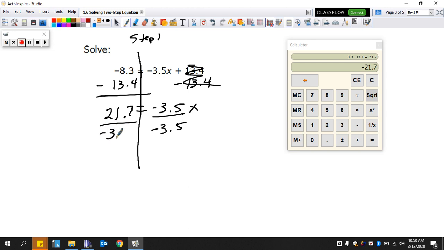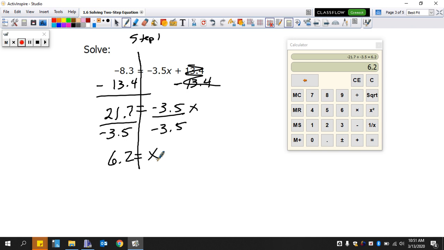Don't forget to include this negative sign, because the 3.5 is negative. So we're going to divide negative 21.7 by negative 3.5, and we end up with an answer of 6.2 as our value for x.